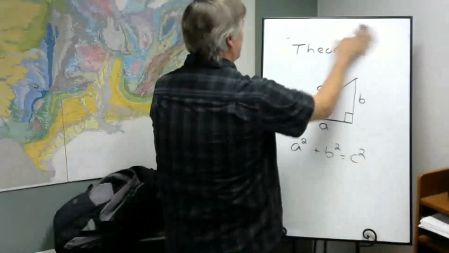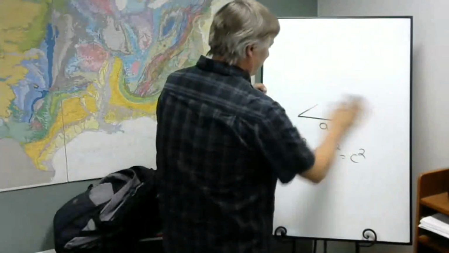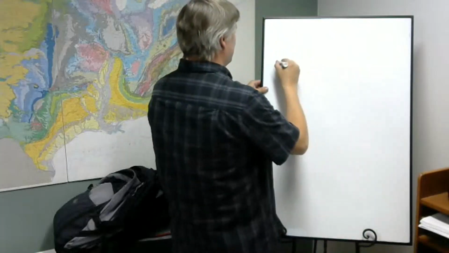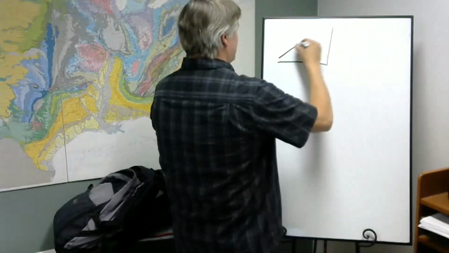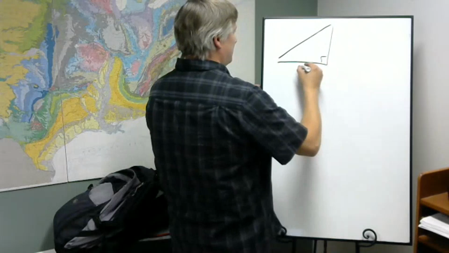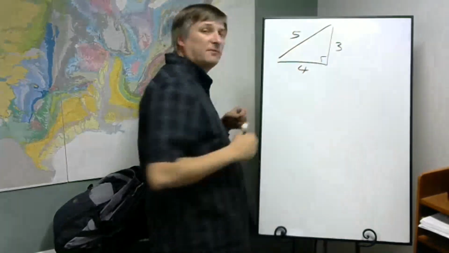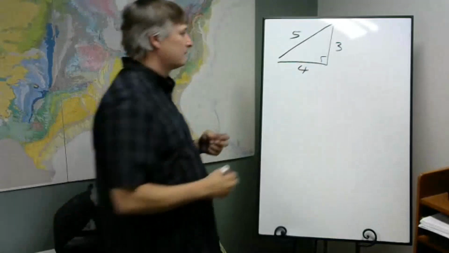So, to give you an example, let me show how this works. If this is 4, 3, then this is going to be 5. How come?